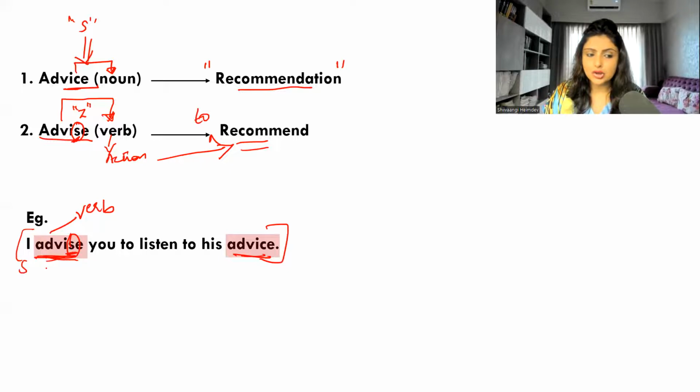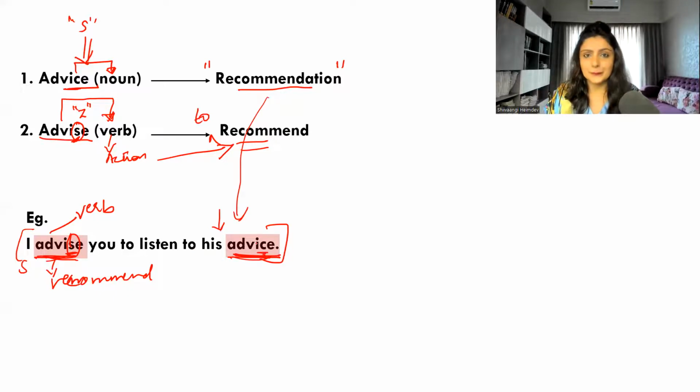I is the subject and advise is the verb. Now I advise you to listen to his advice, which means I recommend you to listen to his recommendation. So here I will use the word advice with C.